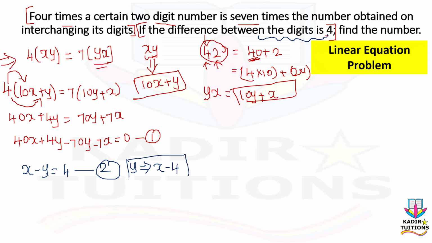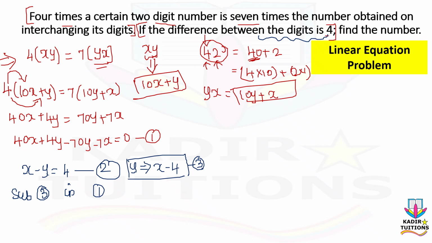So just mark this one and make it equation 3. Now I am going to substitute this third one, that means the y value, in equation 1. In the first equation, wherever y is available, we are going to replace it by x minus 4. At last we are making an equation with one variable, so it is easy to solve.